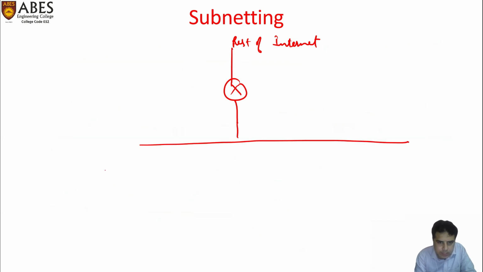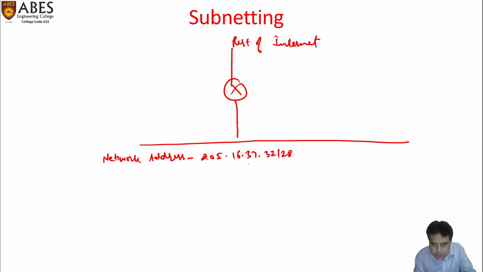The first address is our network address, that is 205.16.37.32. This is the first address that we have calculated, and it is used as the network address.